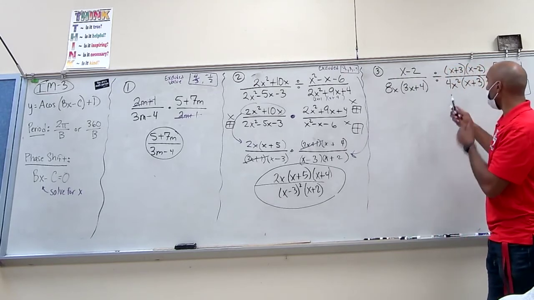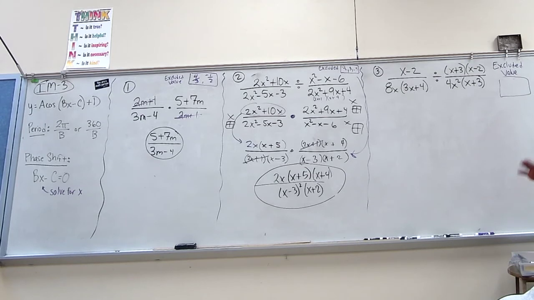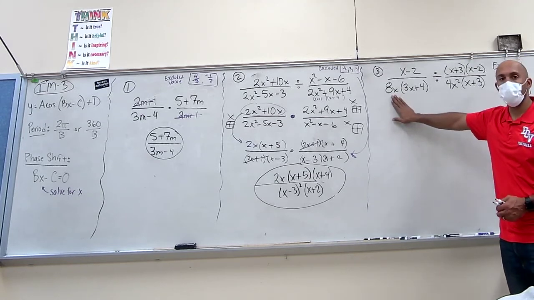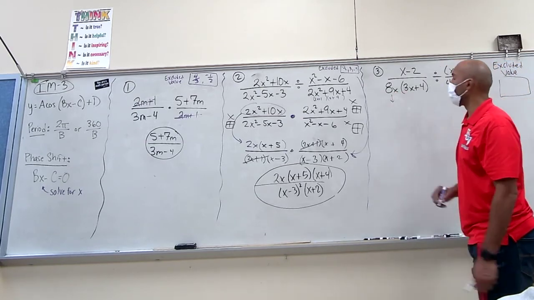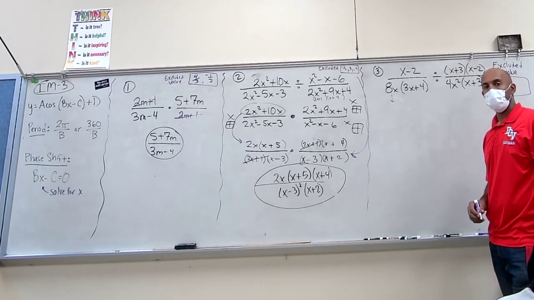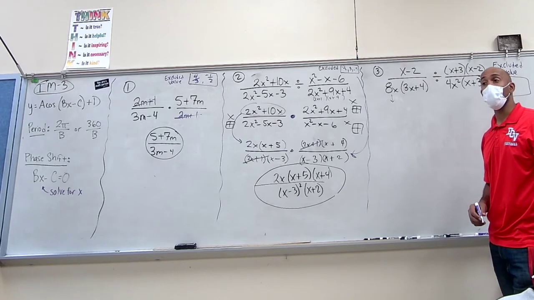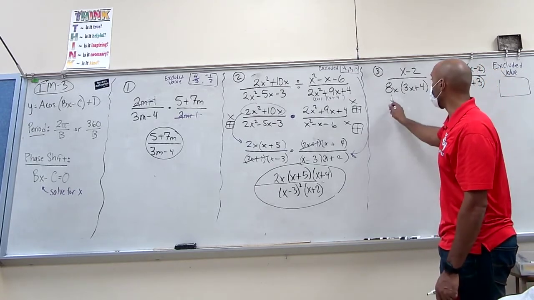Alright, so now here, first step, what are we doing here? Actually, let's do excluded value first. I got one single term of 8 times x over here. What excluded value comes from 8 times x? What do you guys think? 8 times what number gives us 0? 8 times what? 0.